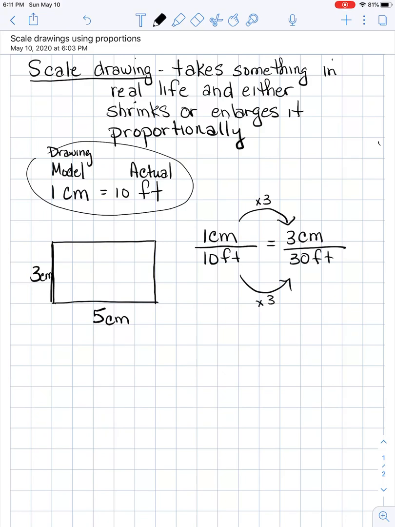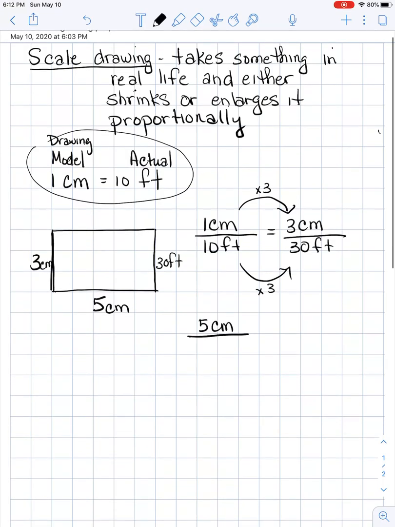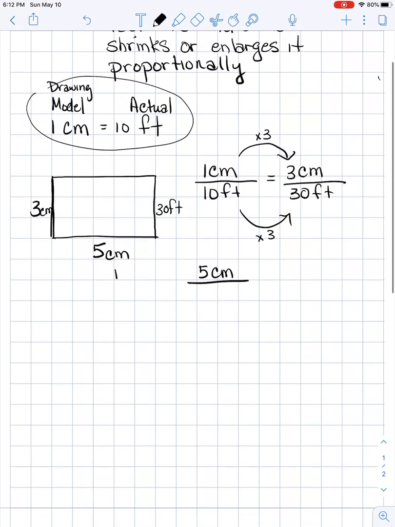And that means that in real life, this building would be 30 feet on this side. And then for the other side, I would have 5 centimeters represents, whoops, I have to do 1 centimeter.